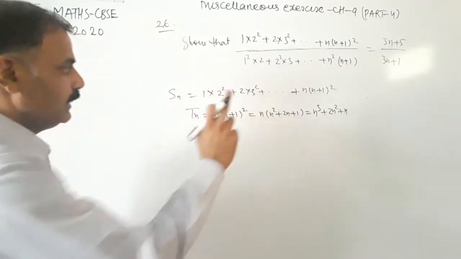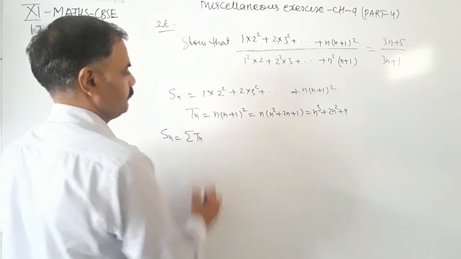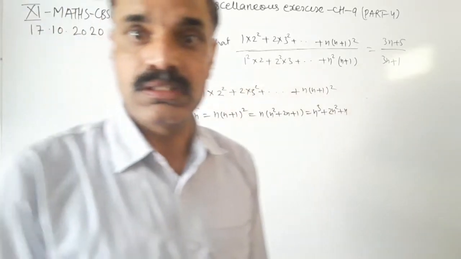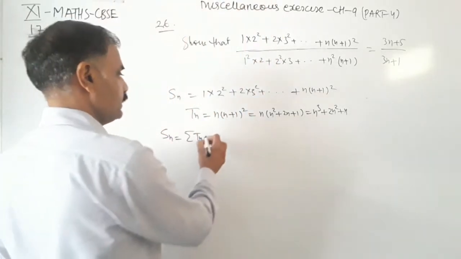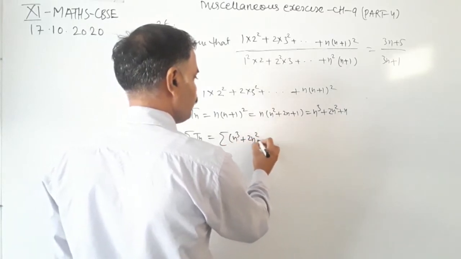This is the nth term. Now Sn equals summation Tn, the sum of all these terms, and this equals summation (n cube plus 2n square plus n).